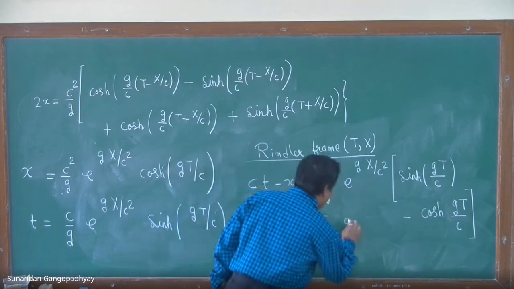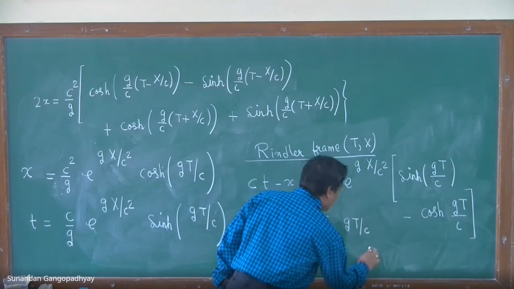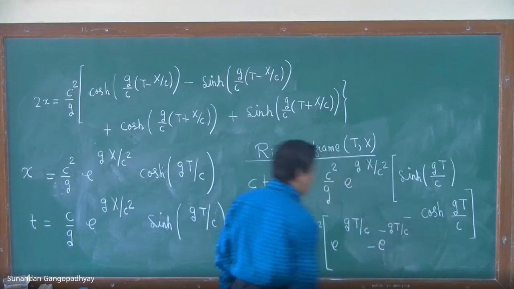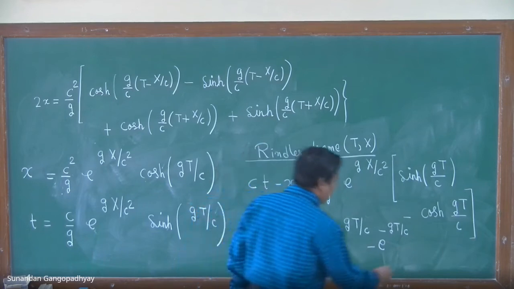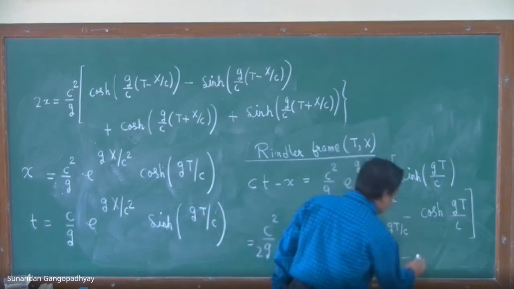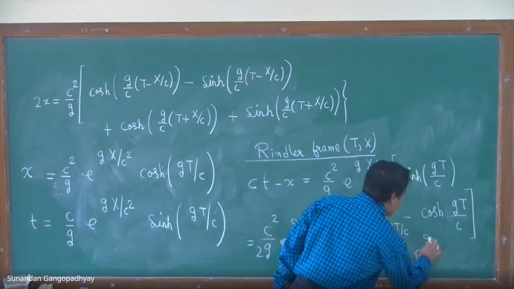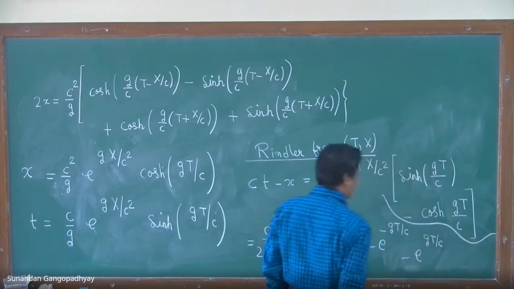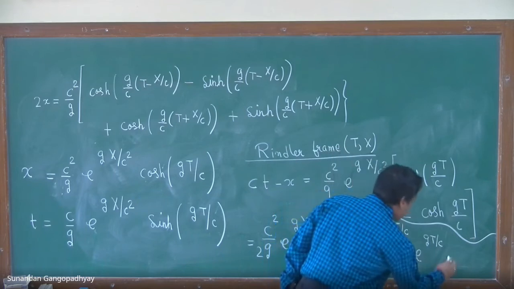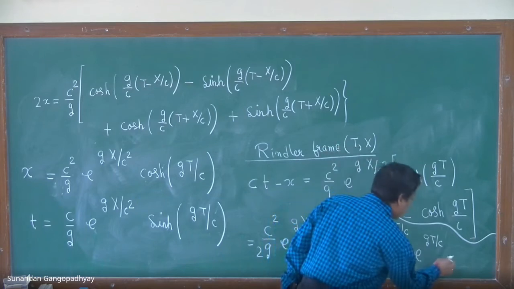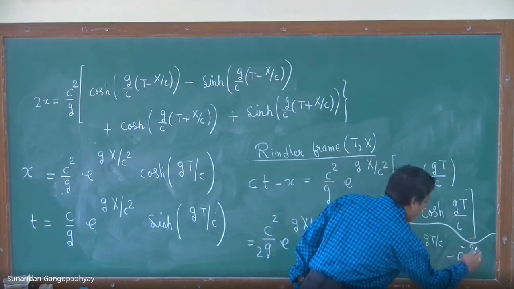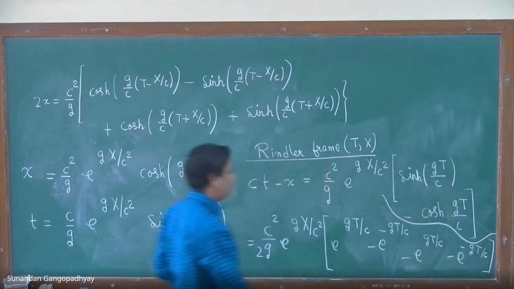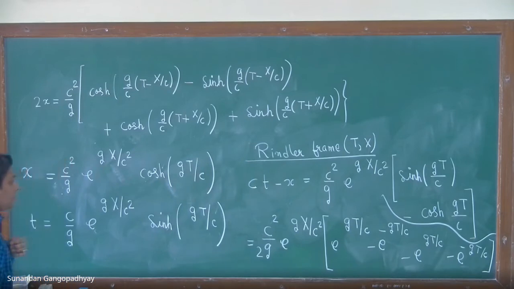E to the power of g by c, minus the power of gt by c, then minus, this is what we get.